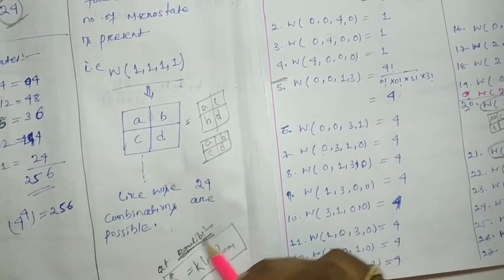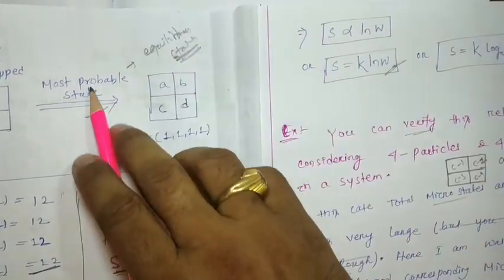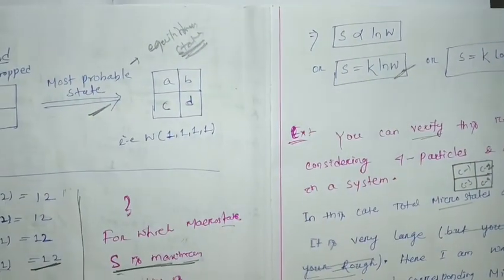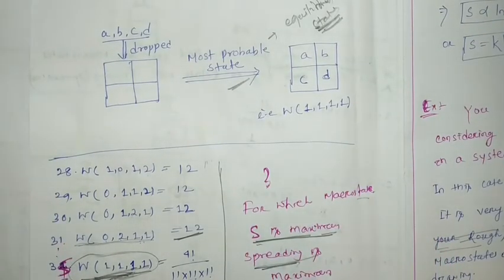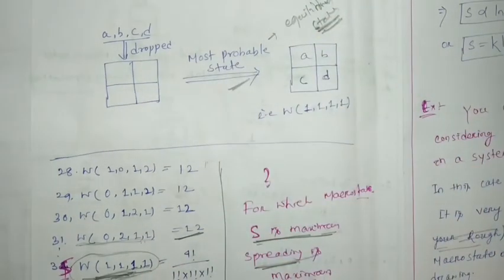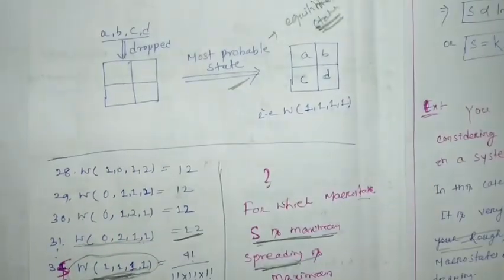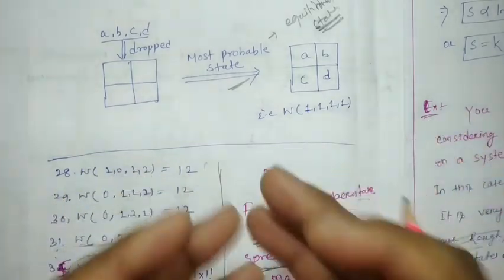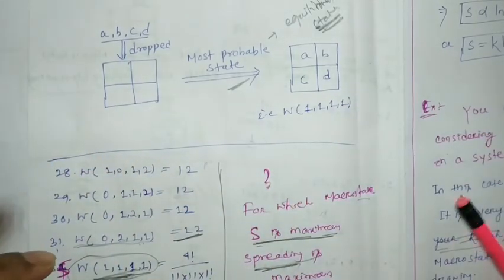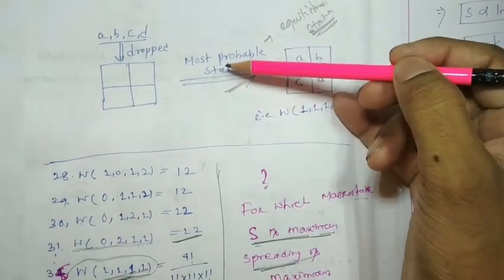This is possible at equilibrium, where we get the most probable state, or the easy state, or the most accessible state, the state in which the system wants to stay. The most probable state is nothing but the so-called equilibrium state.